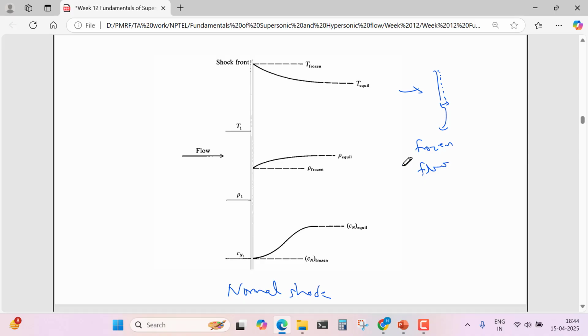And frozen flow behaves like a calorically perfect gas. After that, there will be some small region which will be for non-equilibrium flow. And after that, the flow will be in equilibrium.